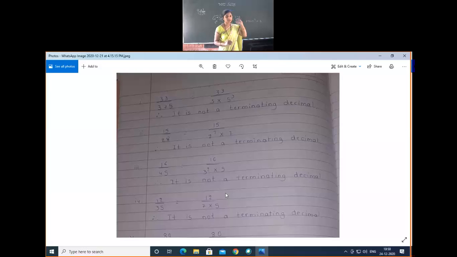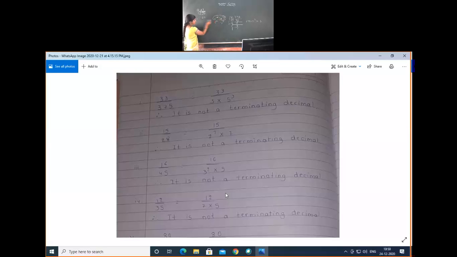Otherwise, it is non-terminating, non-recurring. Now, we got the answer for this question as 33. The numerator we have to keep as it is, but we just have to see the denominator. If the denominator is in the form of 2 raised to m into 5 raised to n, then we can say that it is terminating.